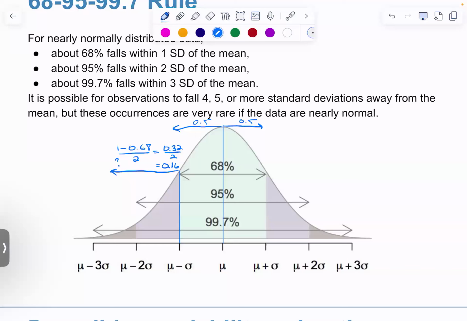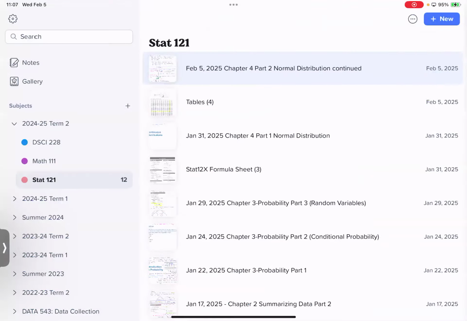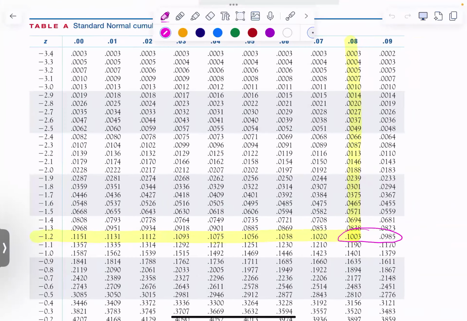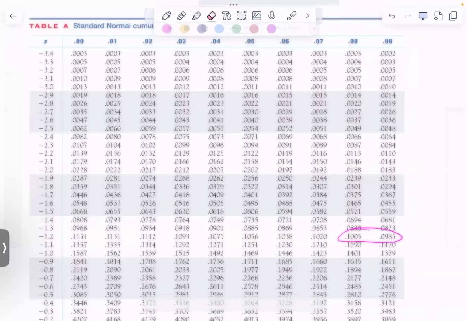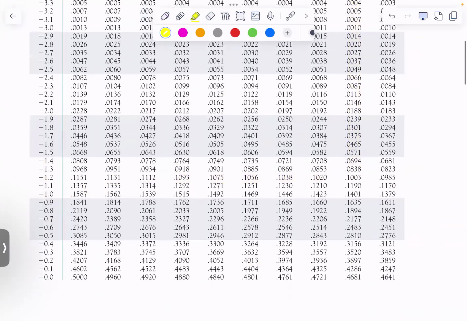What if you go to your Z table? What's the area to the left of a Z of, what would your Z be here? Z would be -1.00. Let's try it. -1.00.